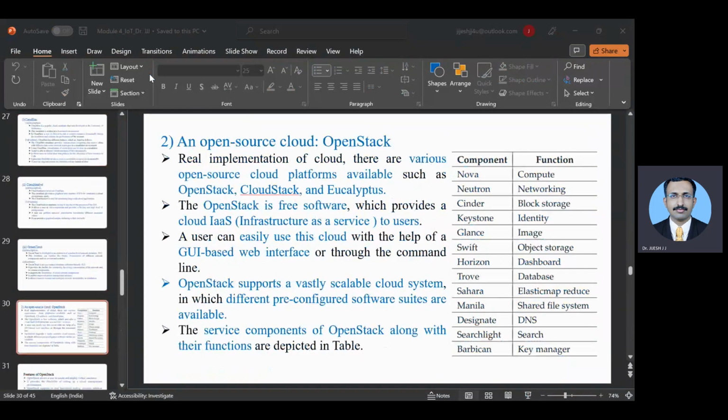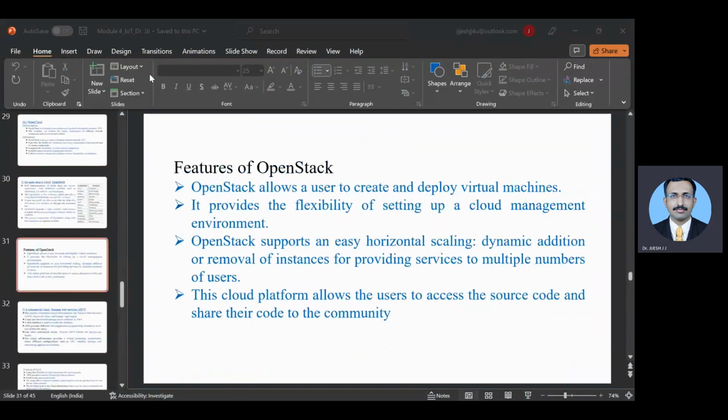We have seen an open source cloud, that is OpenStack, its process, then features of OpenStack, then commercial cloud, that is Amazon Web Service, how to use Amazon Web Service and what are the features of Amazon Web Service. We then moved on to sensor cloud, sensor as a service, where we have seen the importance of sensor cloud, and we have also seen the difference between traditional WSN and sensor cloud.